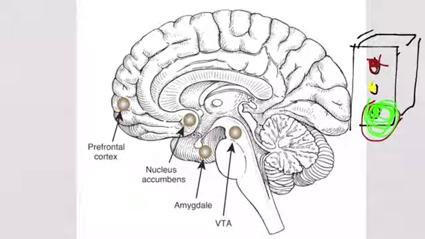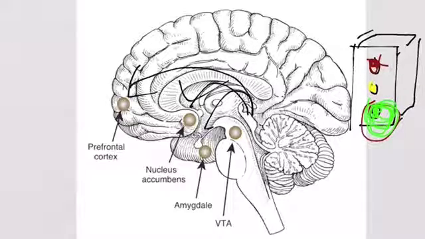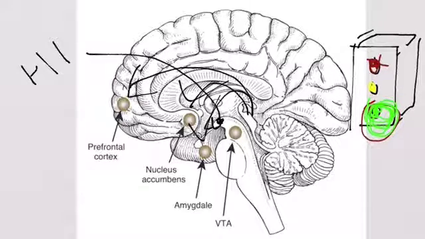That when we reroute the dopaminergic pathway from the prefrontal cortex, the nucleus accumbens, the amygdala, and what's missing here, which is somewhere here, is the hippocampus.